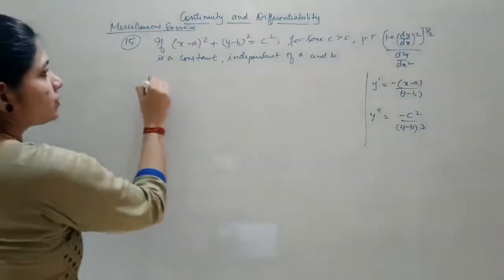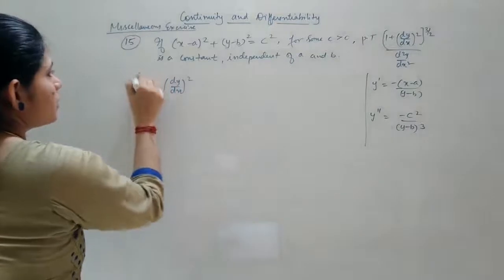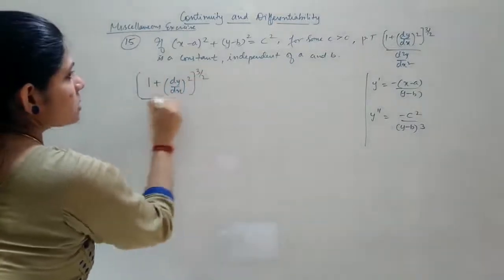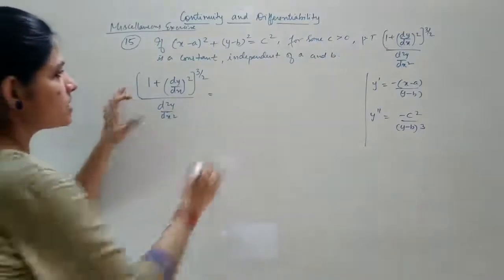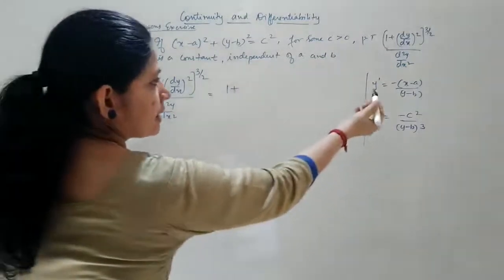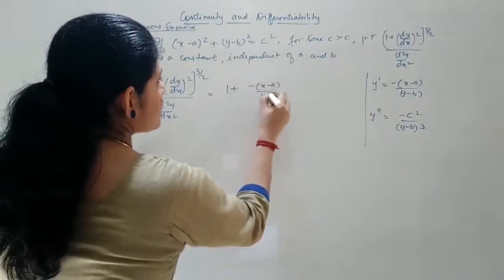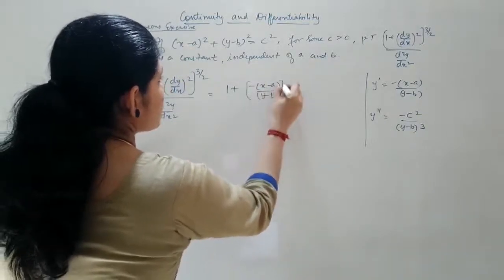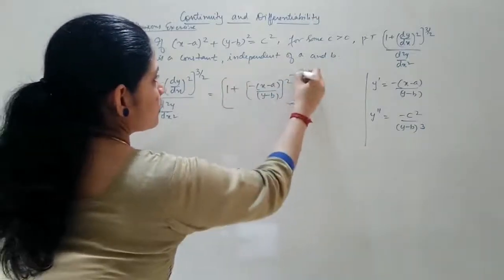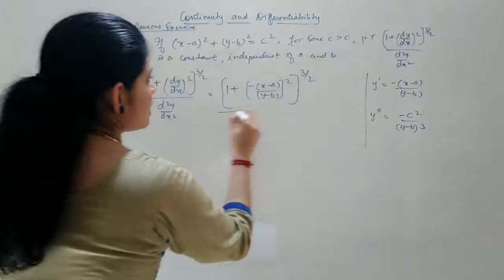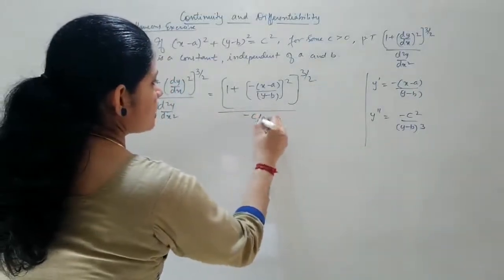The term to be proven is 1 plus (dy by dx) the whole square, the whole raised to 3 by 2, divided by d square y by dx square, which is 1 plus, what is dy by dx? Minus of (x minus a) by (y minus b) the whole raised to 2, and to the whole term you have the power 3 by 2, divided by y double dash, which is minus c square by (y minus b) the whole cube.